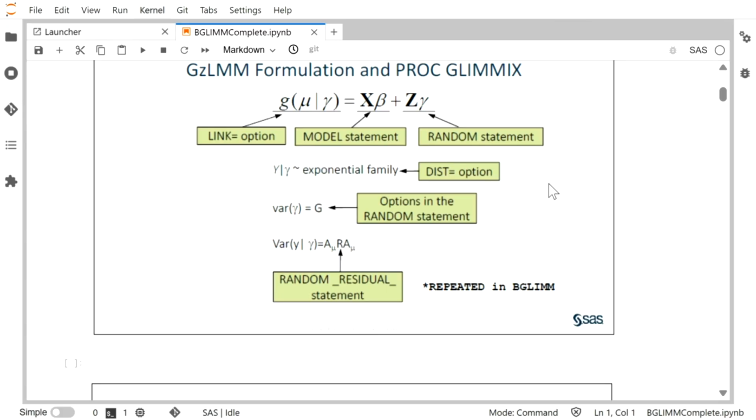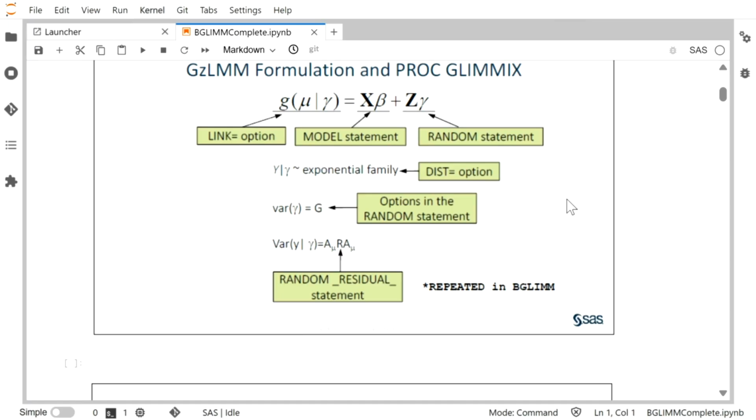Even though BGLIMM is very much coined after how GLIMMIX works, we're going to bring back REPEATED instead of RANDOM _RESIDUAL_. They are basically interchangeable lines from PROC MIXED to PROC BGLIMM, but if you are very accustomed to a RANDOM statement and a REPEATED statement, that is going to be back in prevalence for the BGLIMM procedure itself, which is going to be extremely nice.